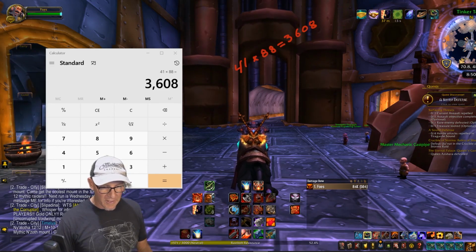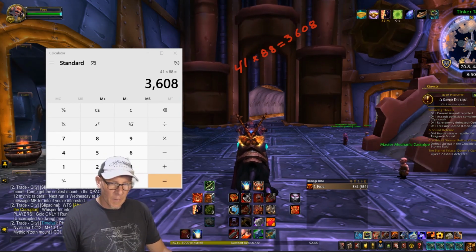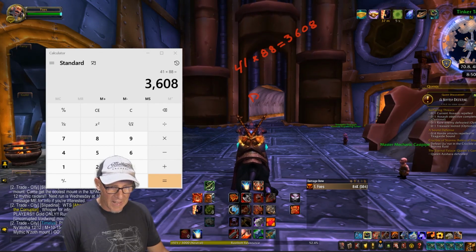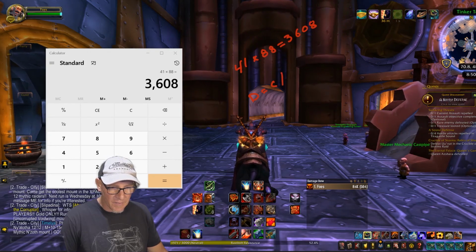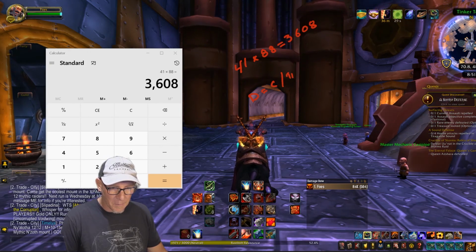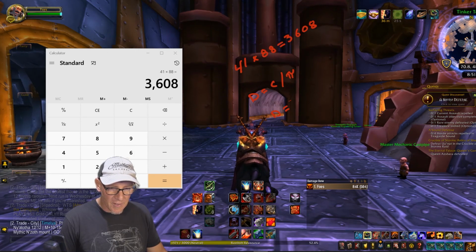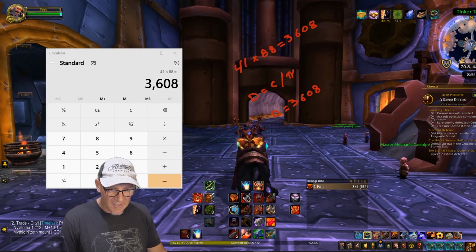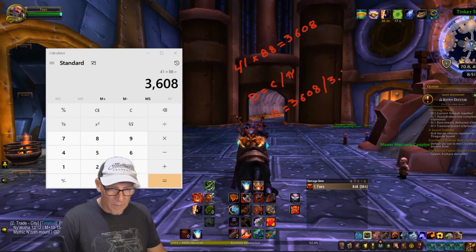Let's get rid of the calculator. Well, we still might need it. Okay, so our formula to figure out the diameter is diameter equals circumference divided by pi. So D equals 3,608 divided by 3.14.